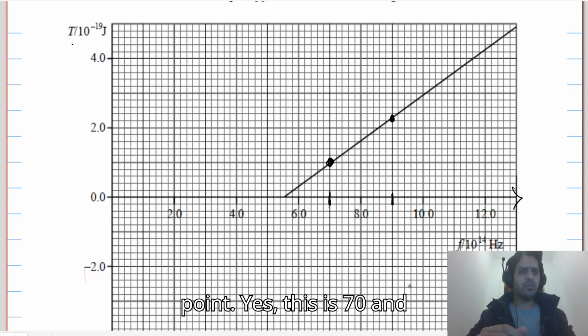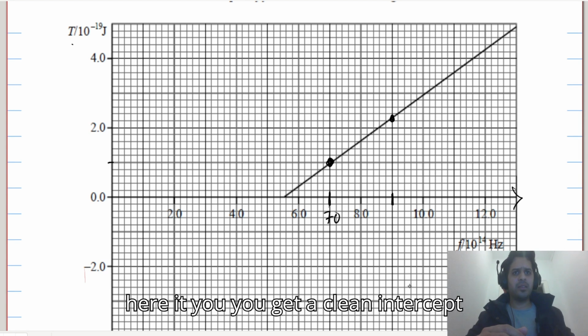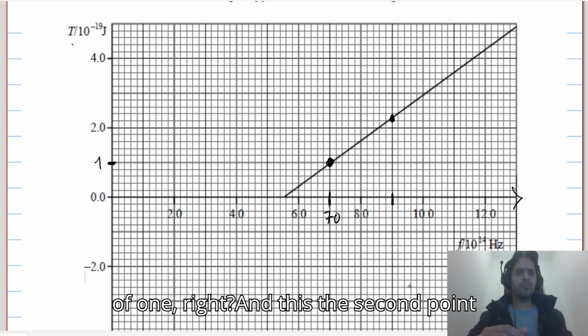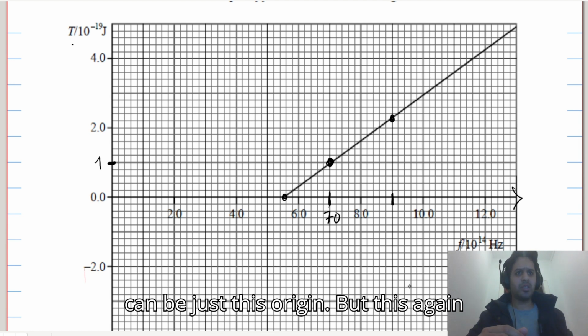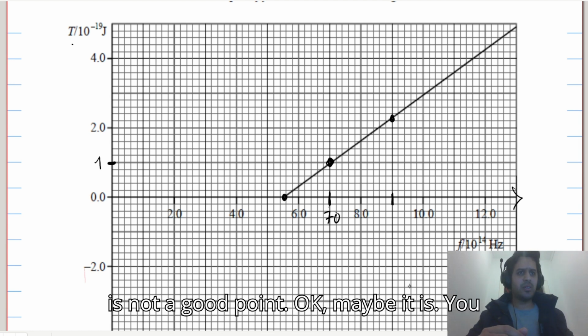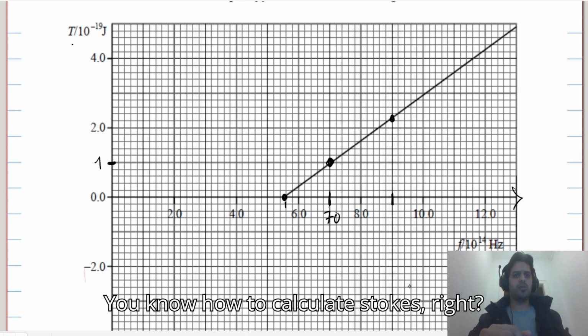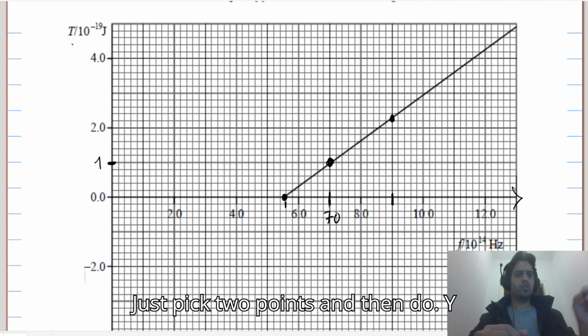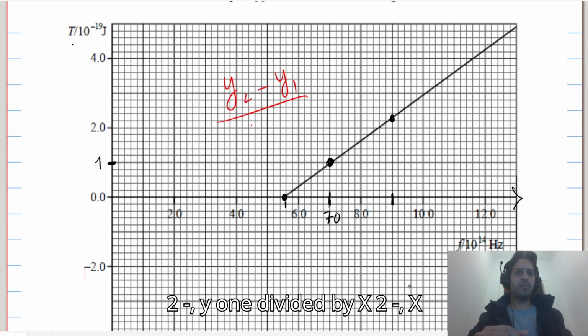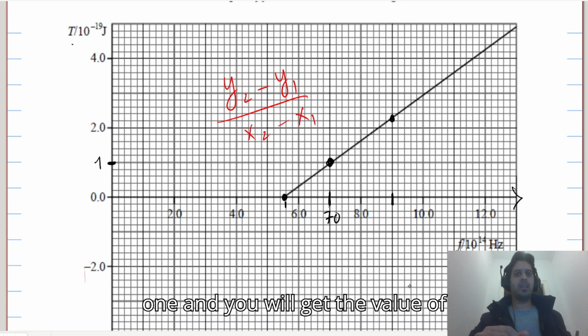Yes, this is 70, and here you get a clean intercept of 1, right? And the second point can be just this origin, but this again is not a good point. Okay, maybe it is. You just need to count the number of squares. You know how to calculate slopes, right? Just pick 2 points and then do y2 minus y1 divided by x2 minus x1.